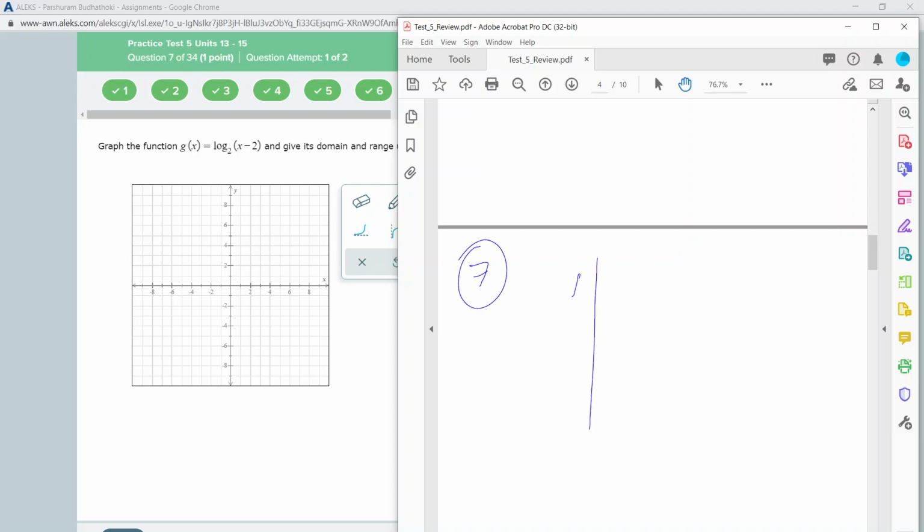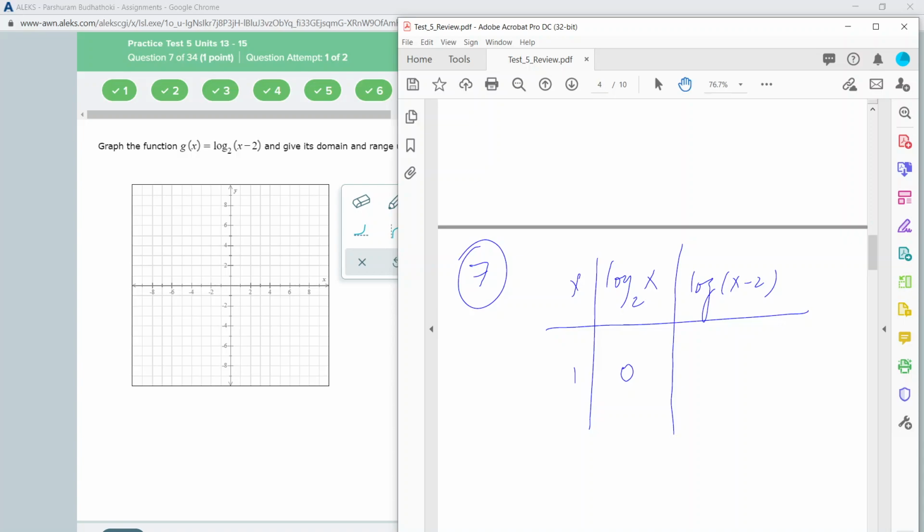So log base 2 of x minus 2. If x is 1, the value of this is 0, and we're shifting that graph 2 units to the right. So the only thing that will change on this graph is the x coordinate. When you shift this x coordinate 2 units to the right, it becomes 3.